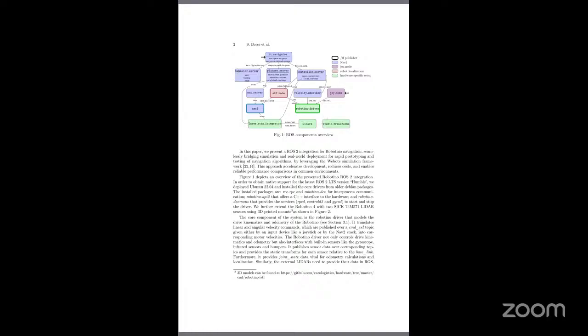So in this paper, they have developed a ROS2 based navigation system for Robotino.